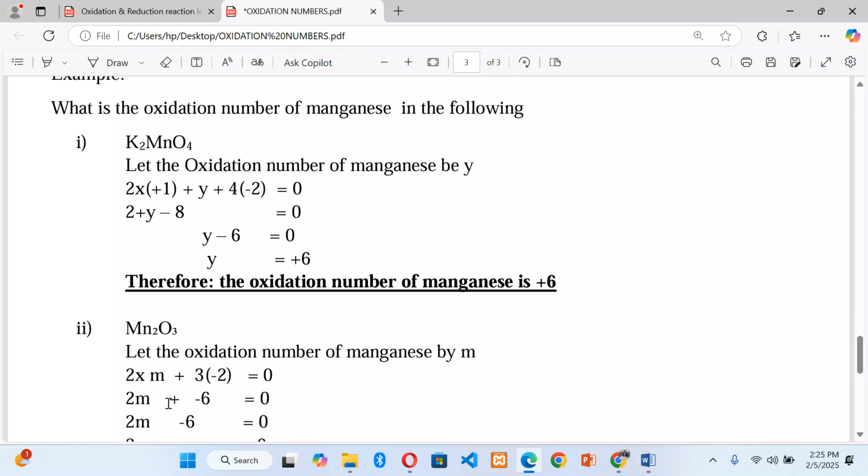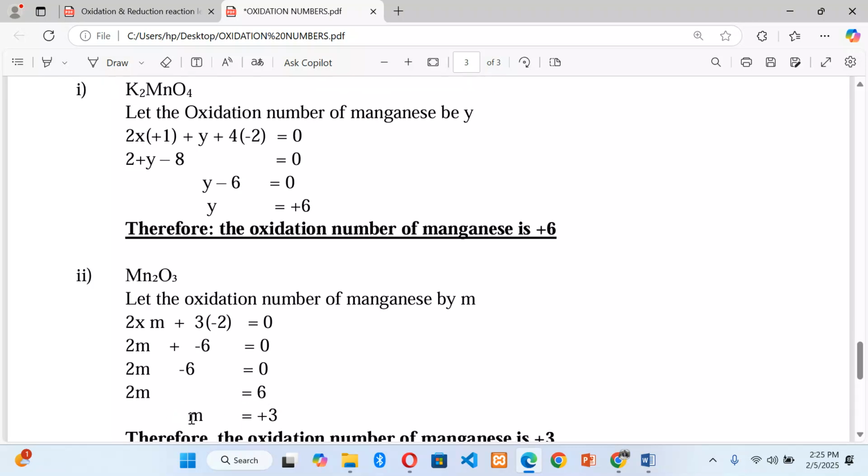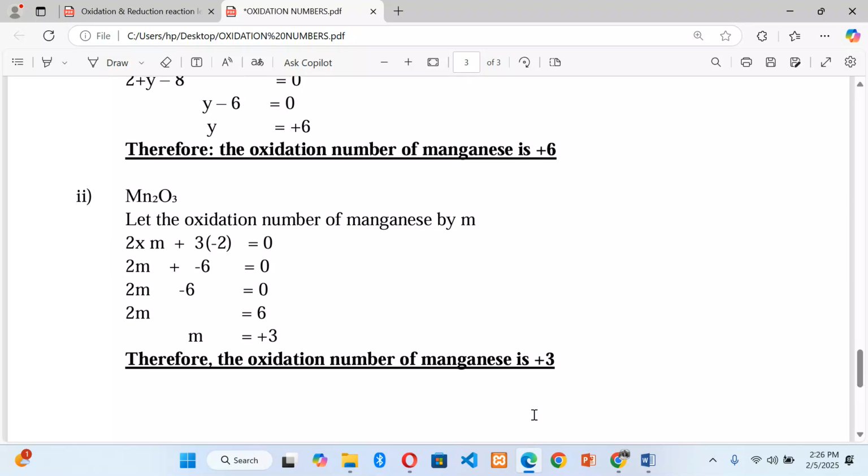So this becomes 2M minus 6 equal to 0. When you make M the subject, you remain with +3. Therefore, the oxidation number of manganese is +3.